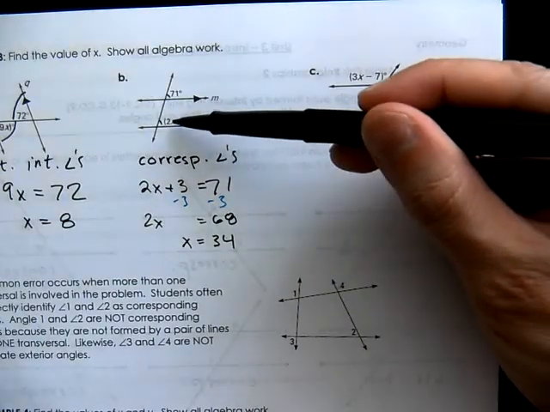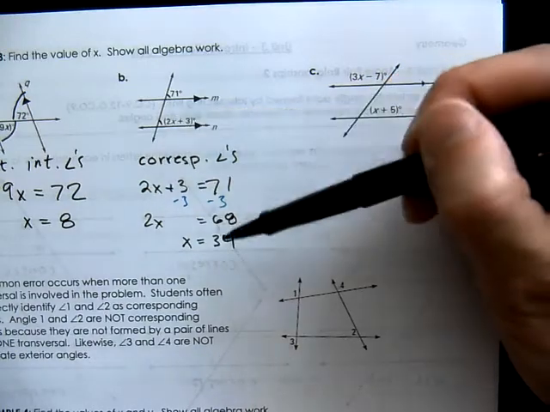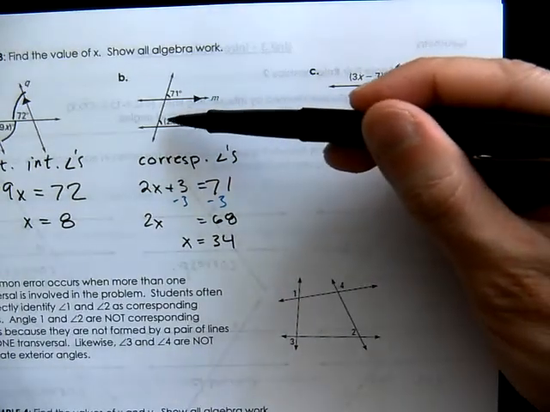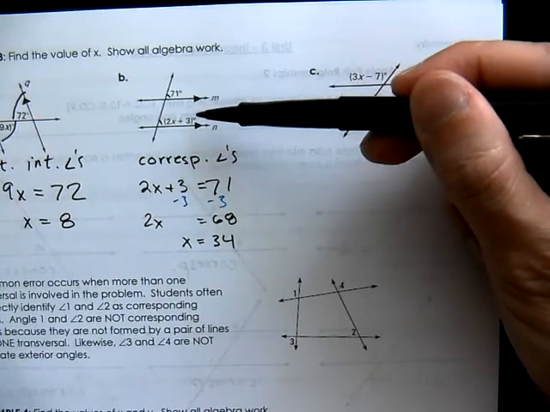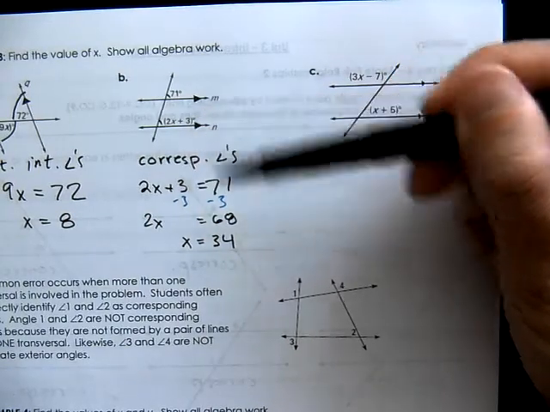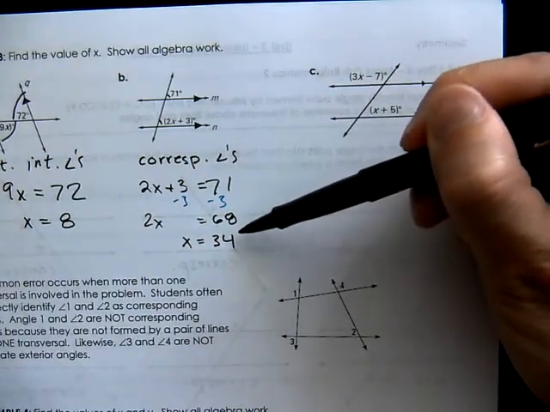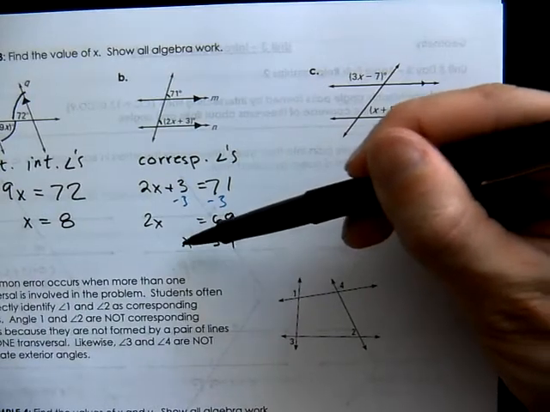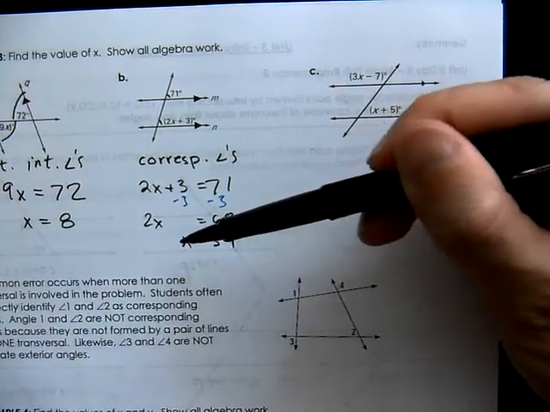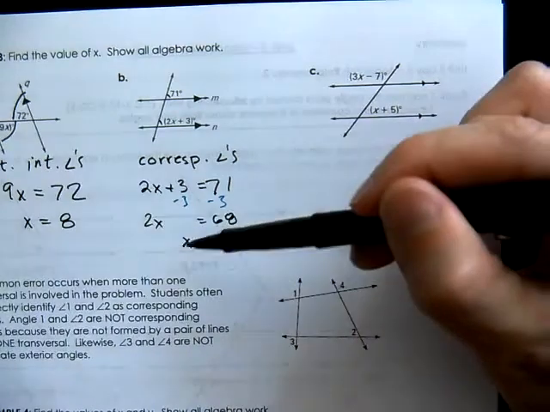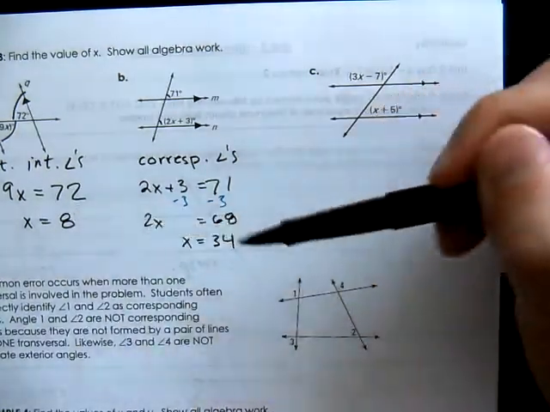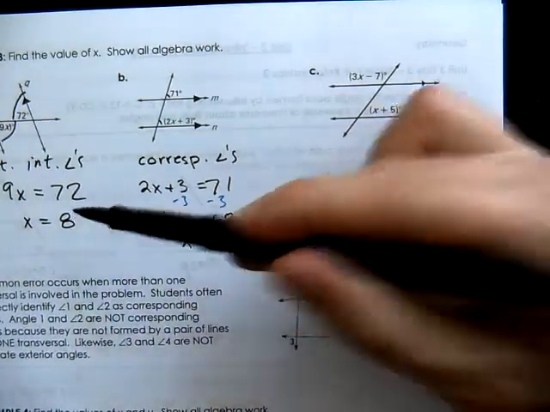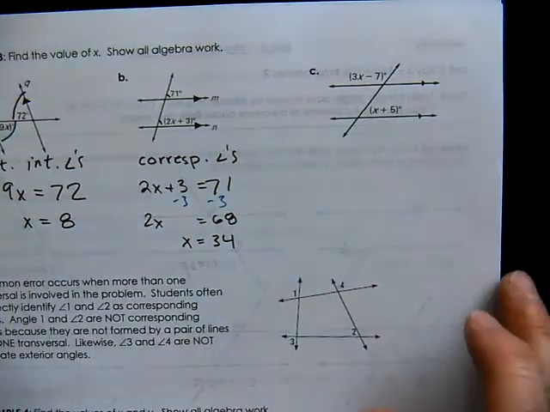We're just solving for x, meaning what number would have to be placed in here so that this turned into an angle measurement. So we already have the degree symbol represented. This answer is not 34 degrees because this is not an angle measure. It's the value of the variable. And that's true for both A and B. It's not 8 degrees and 34 degrees. It's just regular 8 and regular 34.